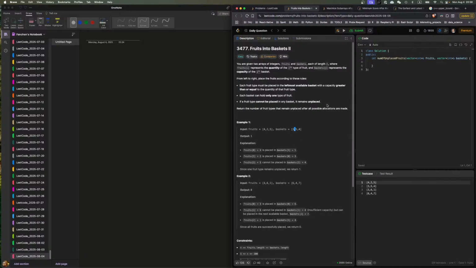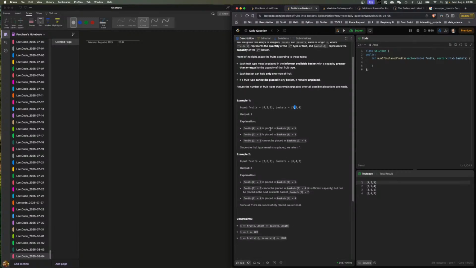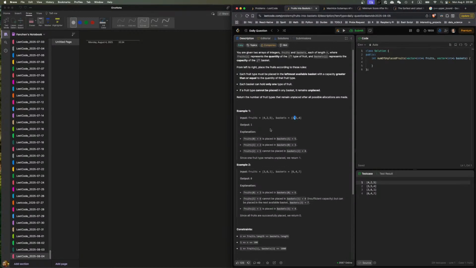Okay, so what I need to know is how do I easily find the leftmost? You can do O(n) squared, right? But there's got to be a way to find the leftmost.